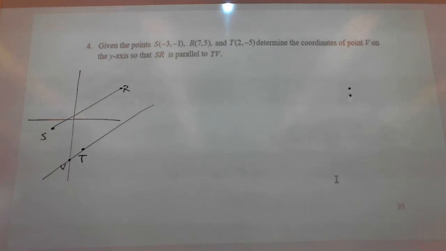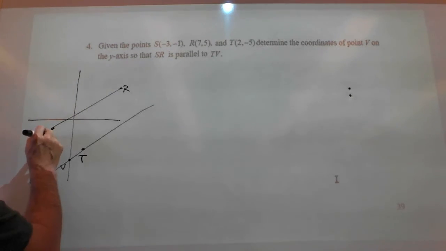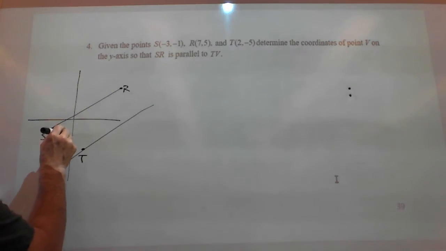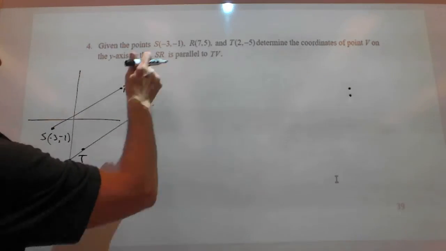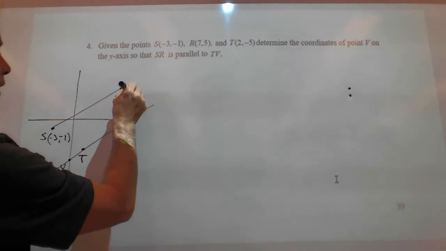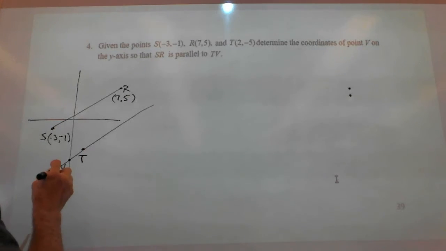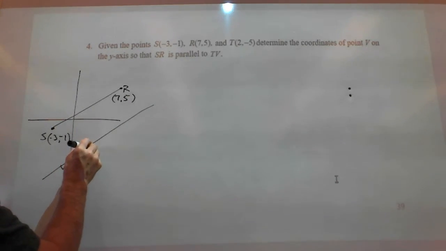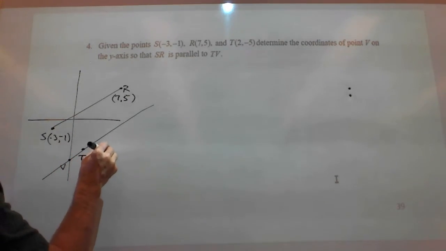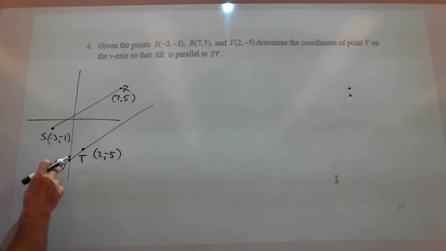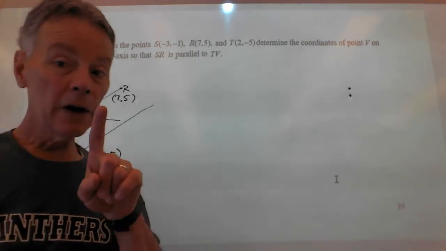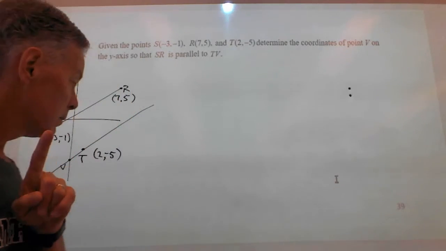Okay? So let's put our points in. -3, -1 for S. 7, 5 for R, 2, -5 for T, and for V, we know one of the points.